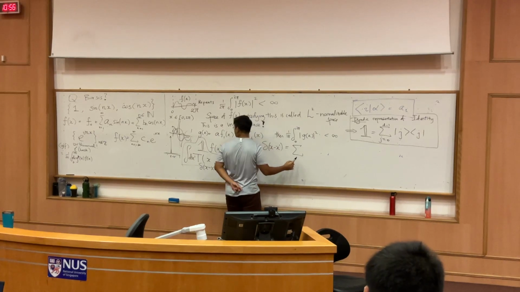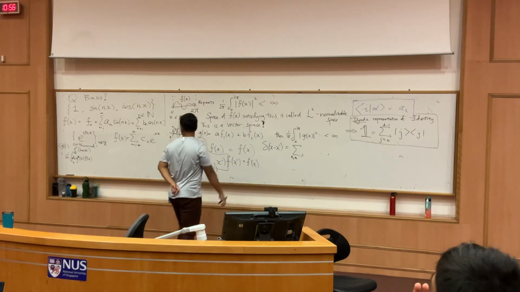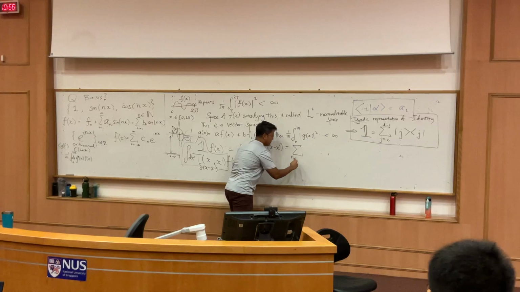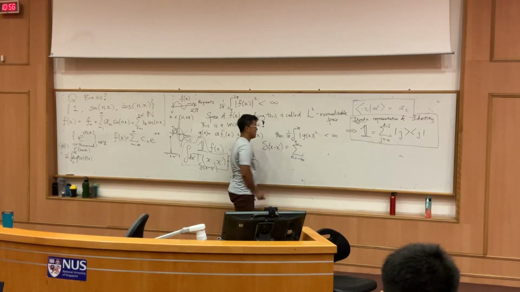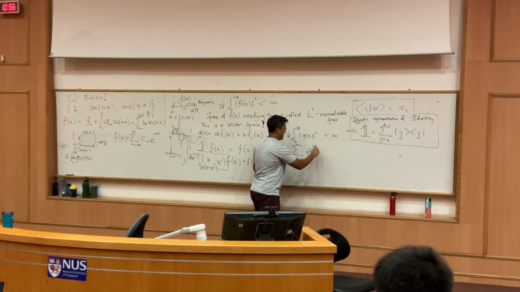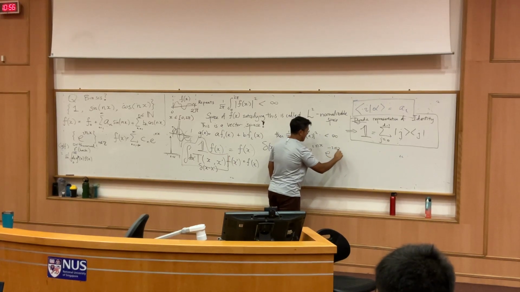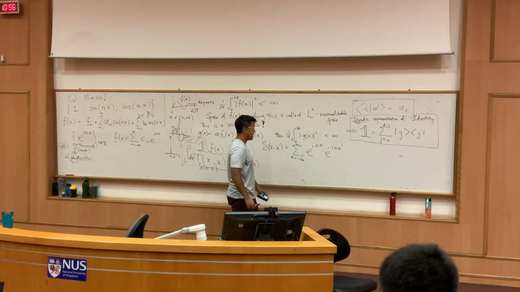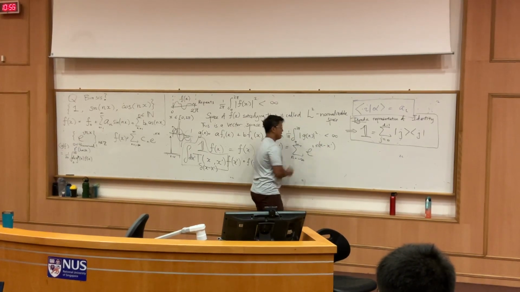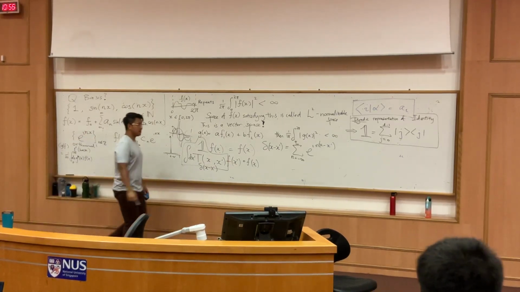And these basis elements run over n, going from minus infinity to infinity, of e to the power of i n x times e to the power of minus i n x prime, which by the way is x minus x prime. So that's the Dirac delta function.